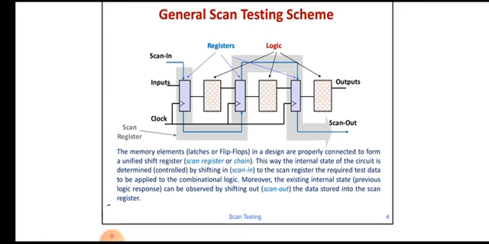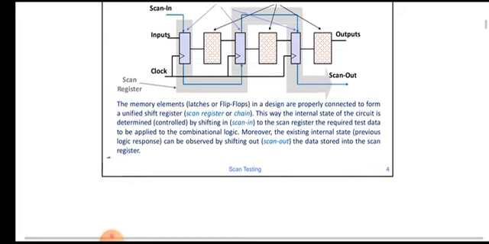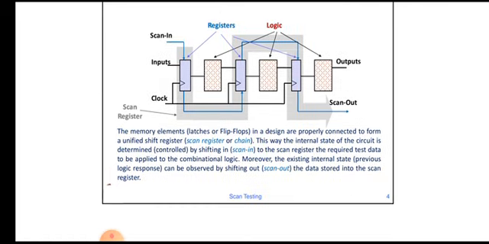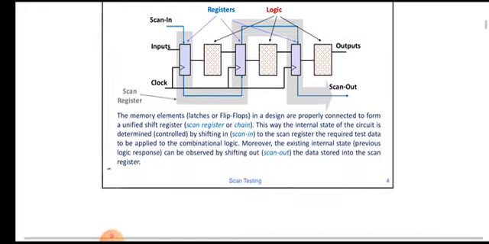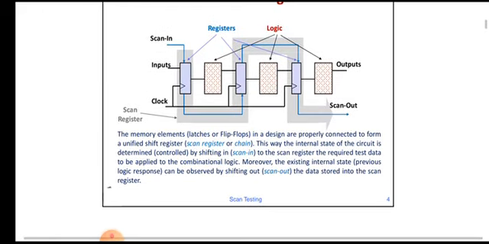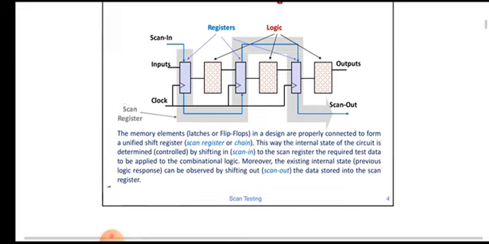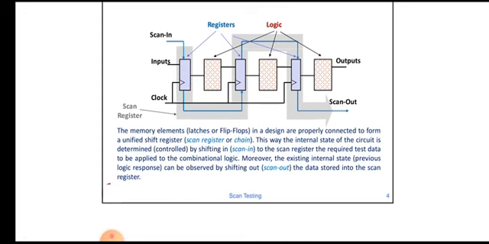We are getting the output and the scan out. The dashed gray portion indicates the scan register portion. The memory elements, that is the latches or flip flops in the design, are properly connected to form a unified shift register. Shifting is taking place, so that's why we say there is a shift register. It can be a scan register or scan chain.